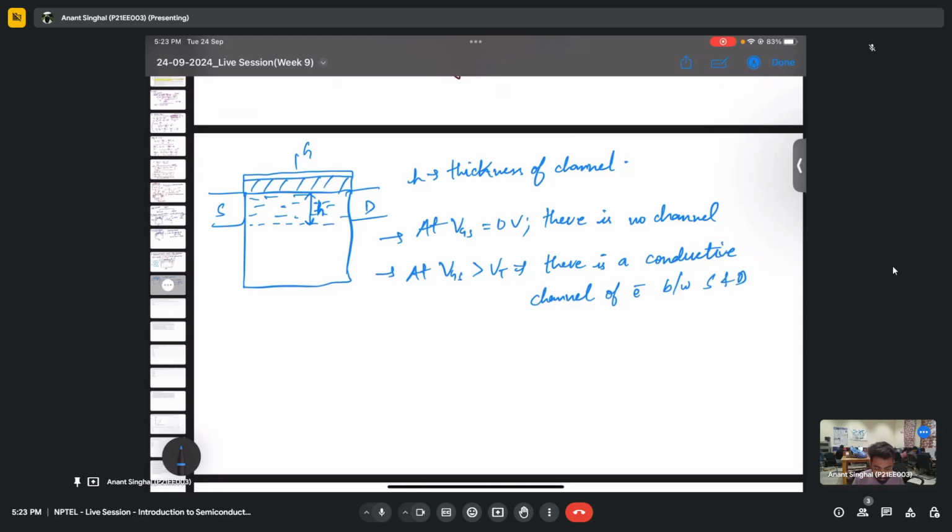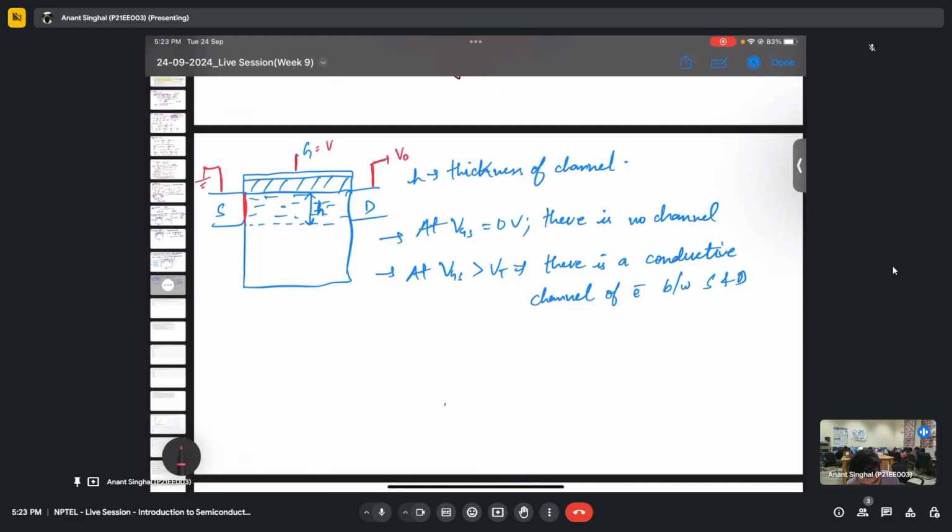So basically, when a channel forms, it has a channel potential. Maybe if I try to say that the source is always grounded, that I have done. Let's say I'm applying a certain voltage Vd, and the gate voltage is nothing but Vg.